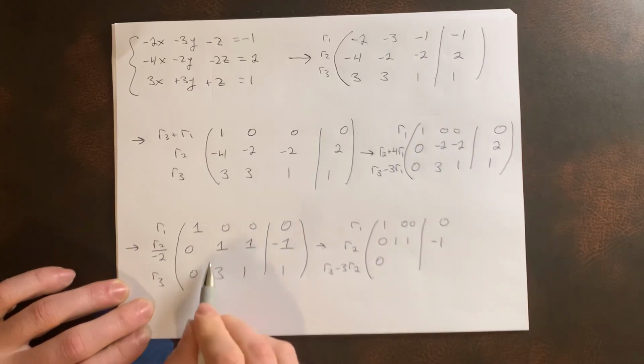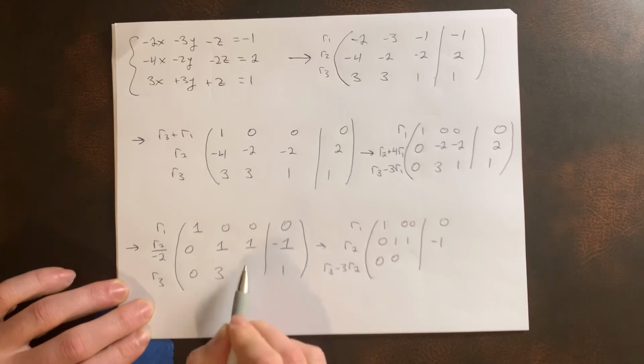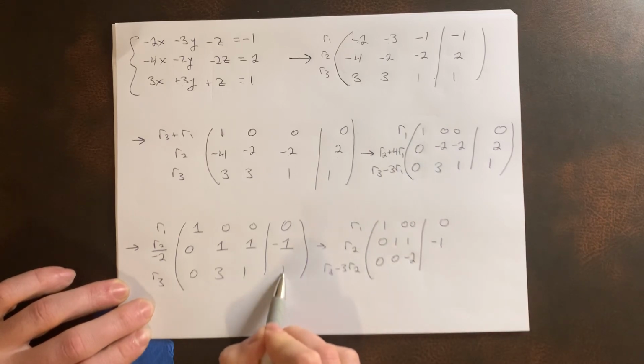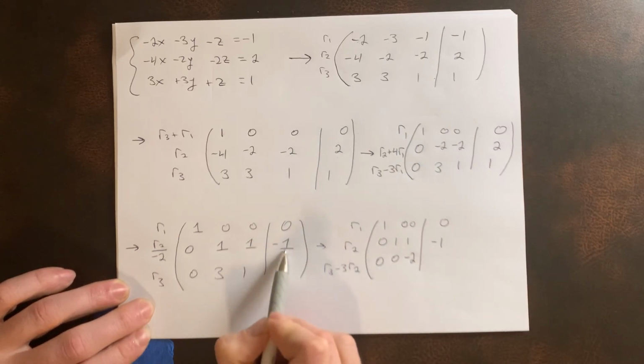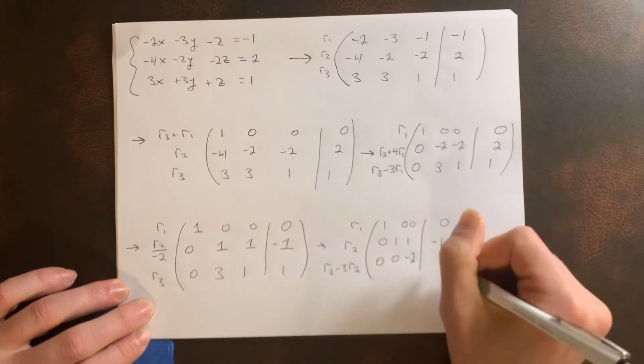We're going to have 3 minus 3 times 1, which is 0. And 1 minus 3 times 1, so 1 minus 3, which is negative 2. Now we're going to have 1 minus 3 of this, so it's going to be 1 plus 3, which is going to be 4.